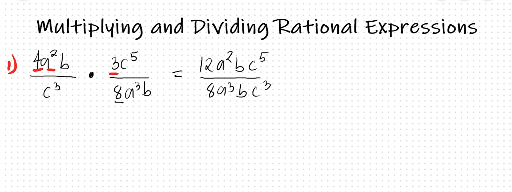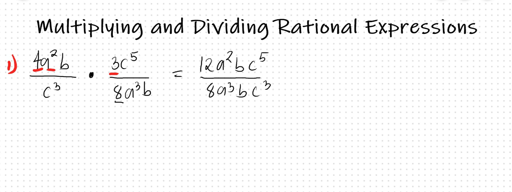This time, always take note that we do not get the product of the numerical coefficients immediately, right? By doing so, we might see factors in the numerator and the denominator that can be simplified. So in this example, we have 4 in the numerator and 8 in the denominator.